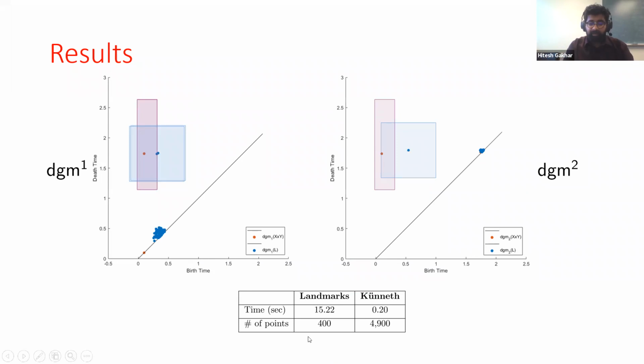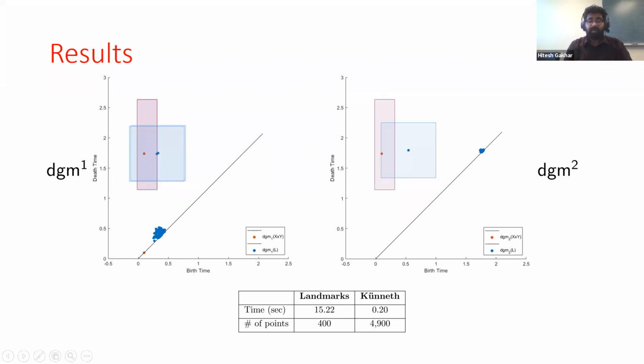If you look at the table at the bottom, we took 400 points at the beginning for landmarks. In the Künneth strategy, we projected them, and we sampled 70 each. When we took the Cartesian product, we were able to get 4,900 points.